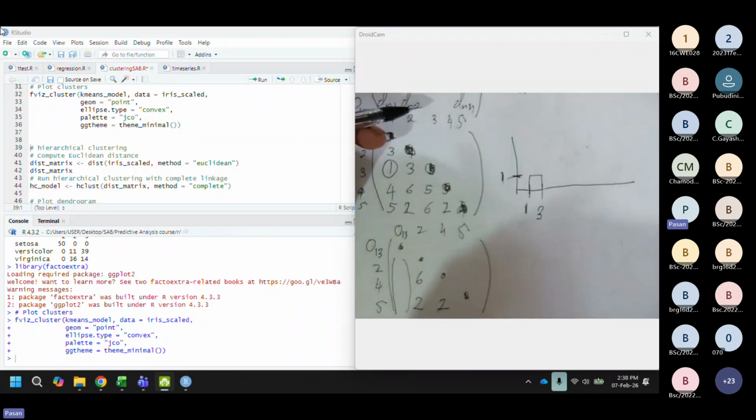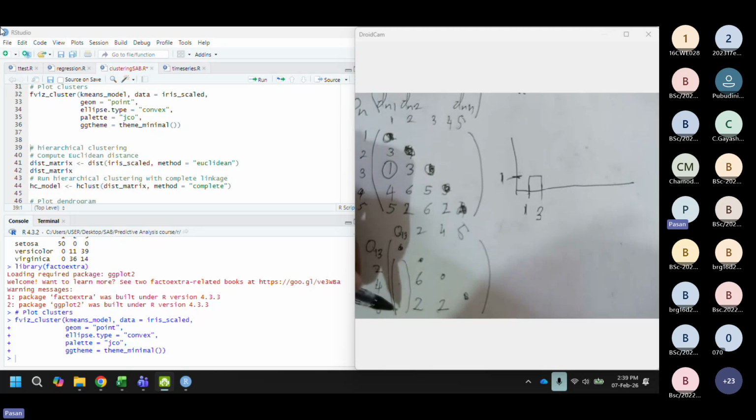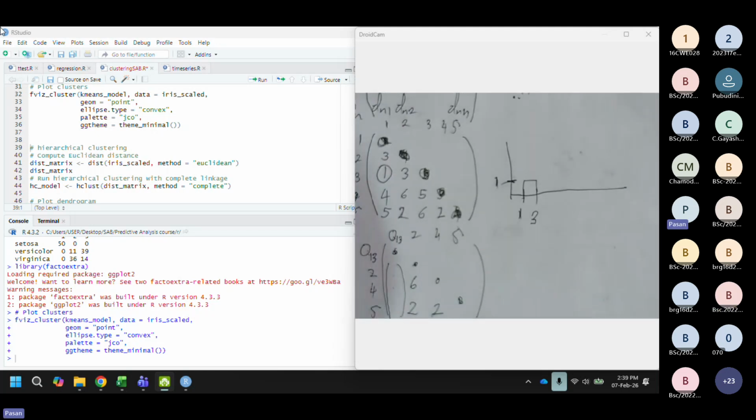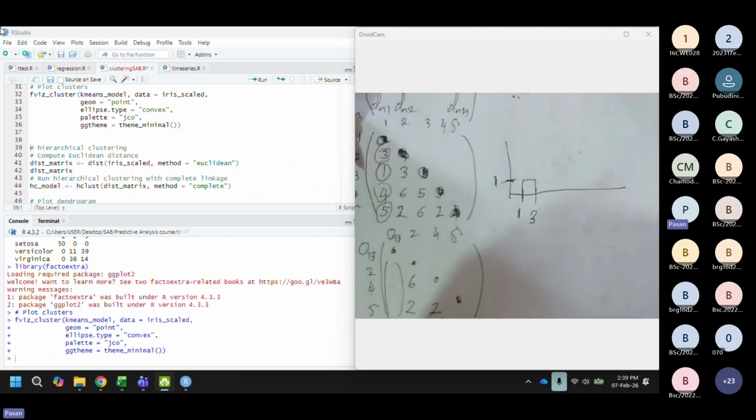But then if you look at 1 and 3, and then 2, 4, and 5, these values we have to check. By taking 1 and 3 as one cluster, that means we are taking this value and this value and this value, and then this one and this one.